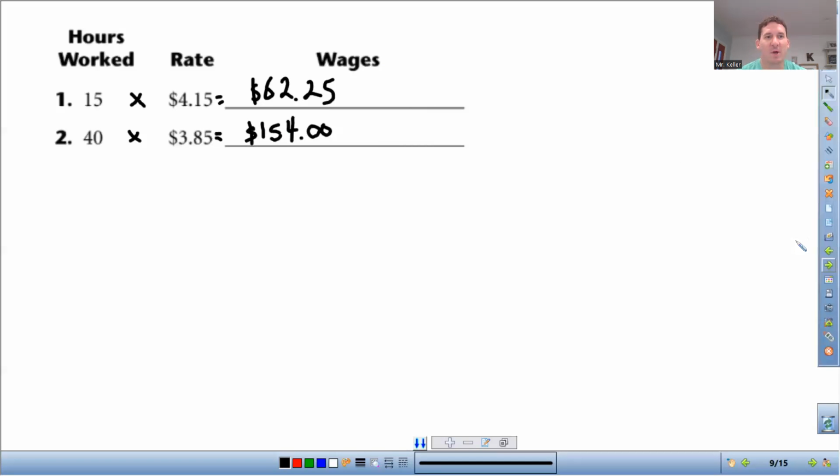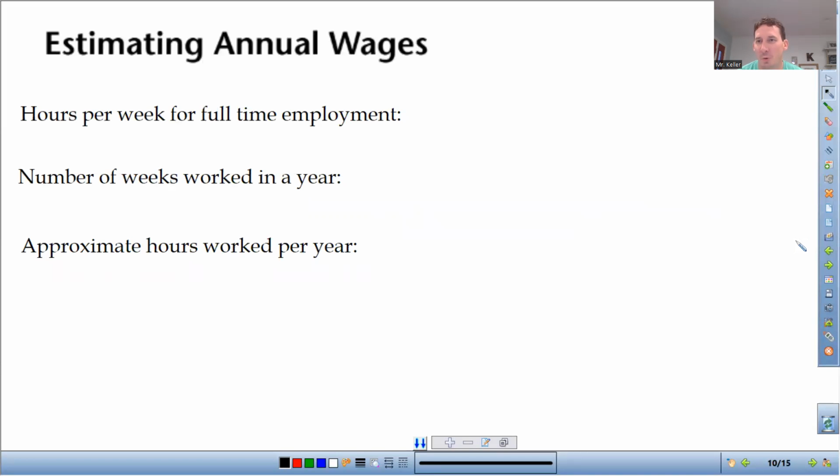But anyway, next thing we're going to talk about is estimating annual wages. So next part of your assignment today, estimating the annual wages, how much you would make in an entire year. Some things you need to know for this. We're going to estimate based on full-time employment. Full-time employment is considered 40 hours, so we're going to say 40 hours per week.